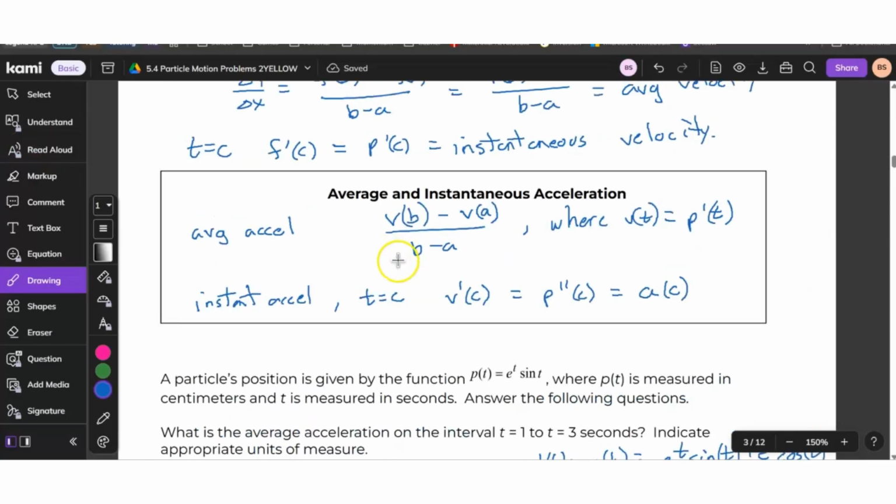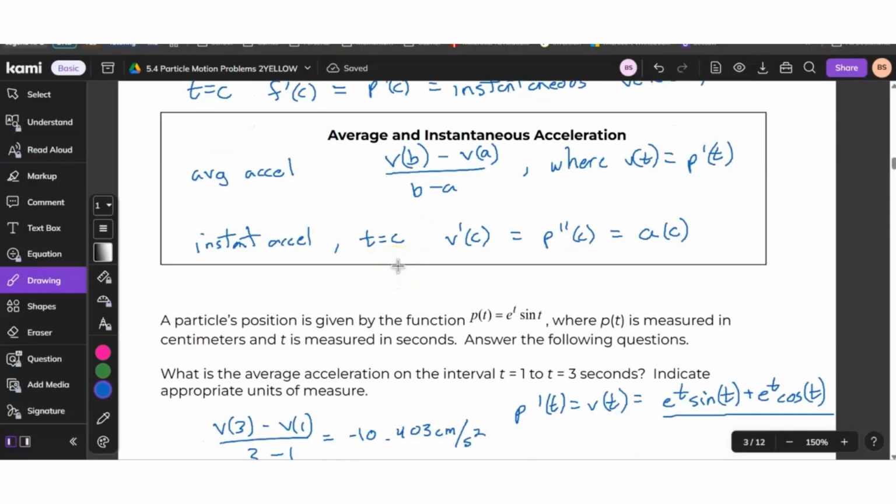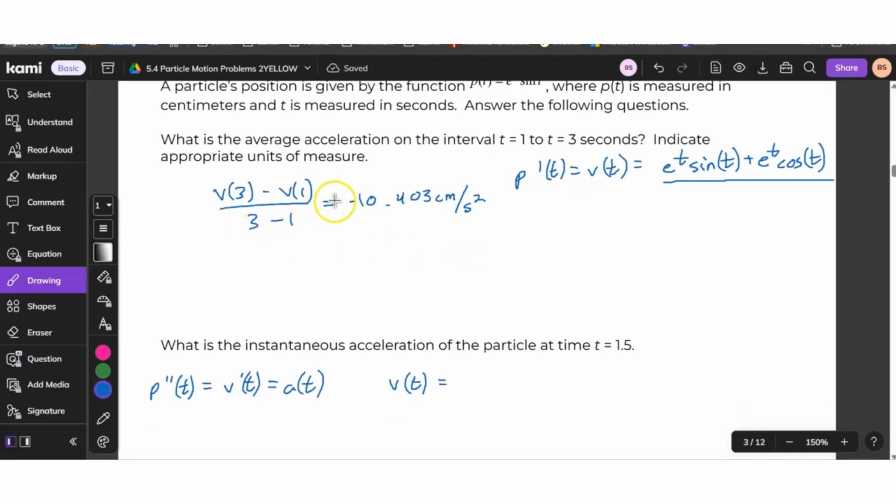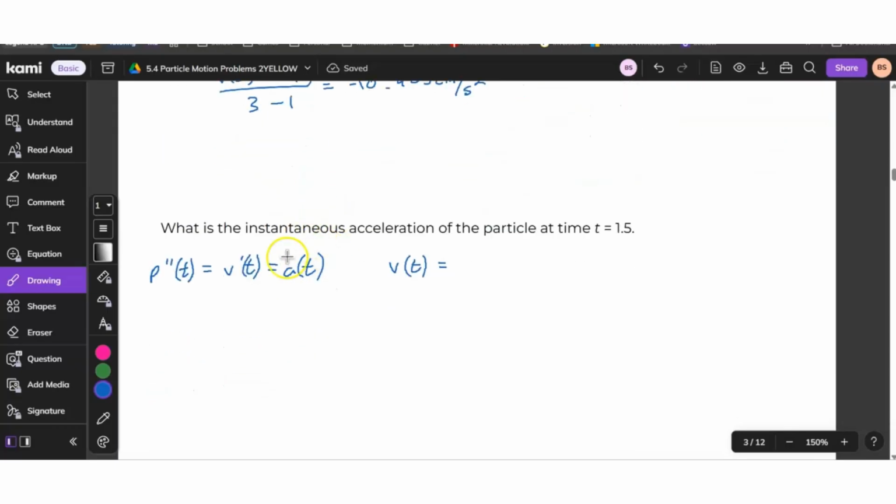Here? Here I wrote down the velocity function, because I'm using the velocity function to find my average acceleration. When I'm doing the instantaneous acceleration, I have to actually find the derivative.